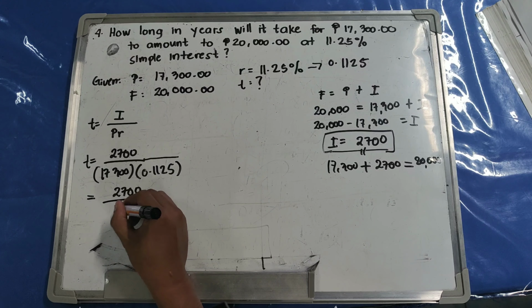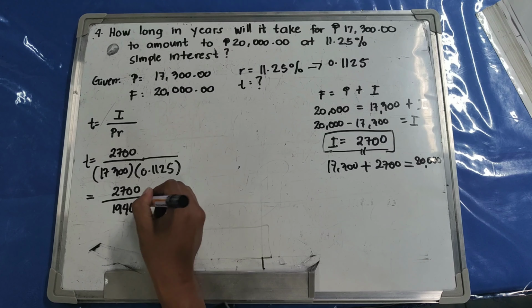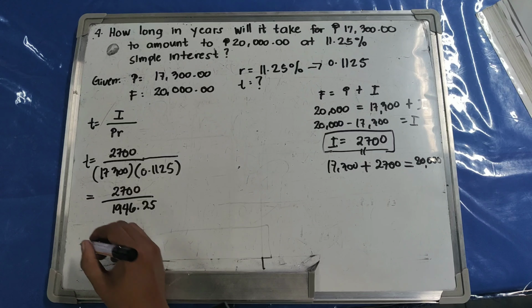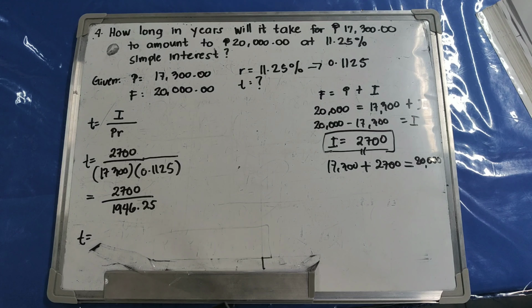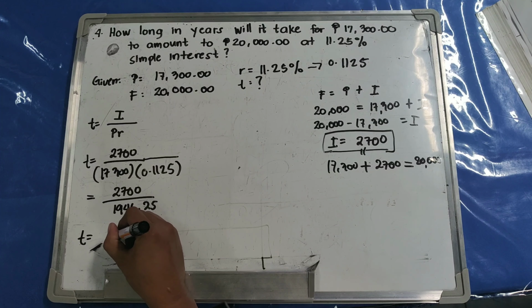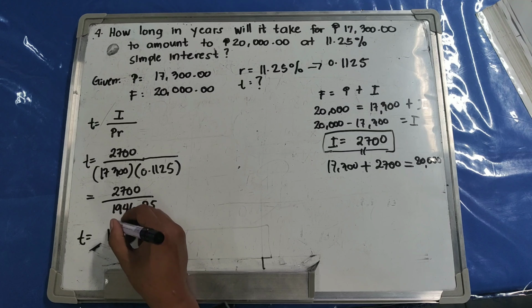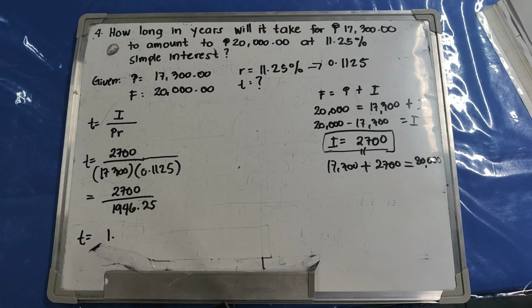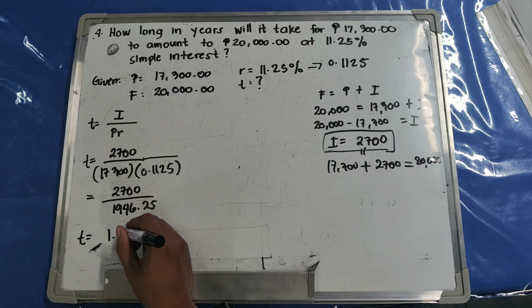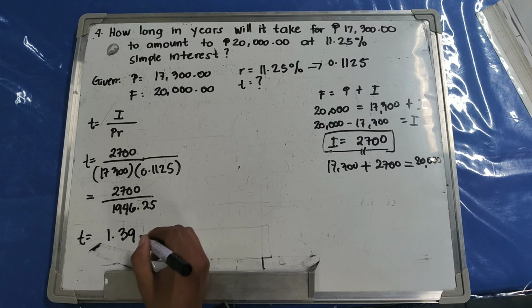The result is 1946.25. So divide: our time is 2,700 divided by 1946.25, and the result is 1.387. Now we can use two decimal places, so rounding it off, 1.39 years.